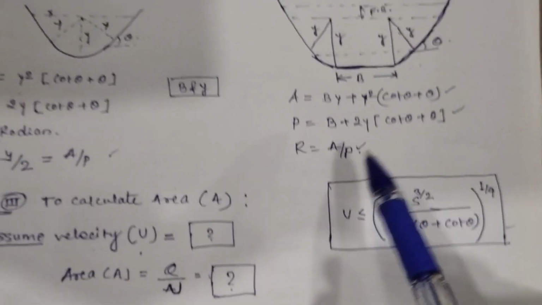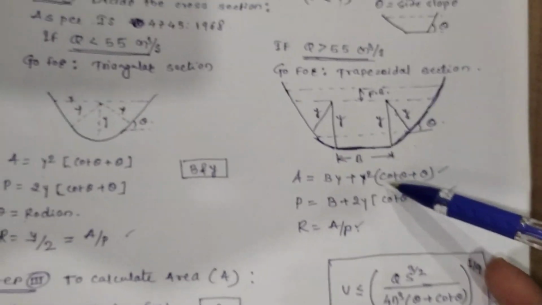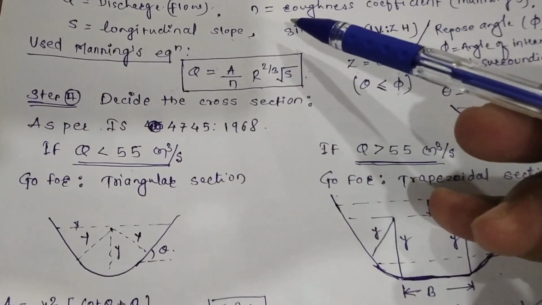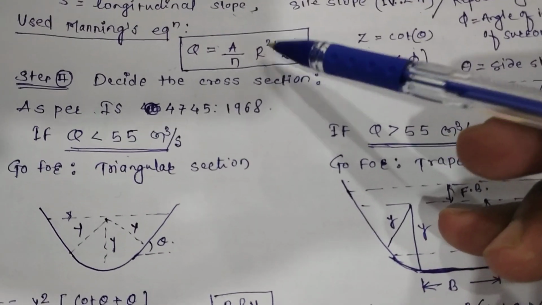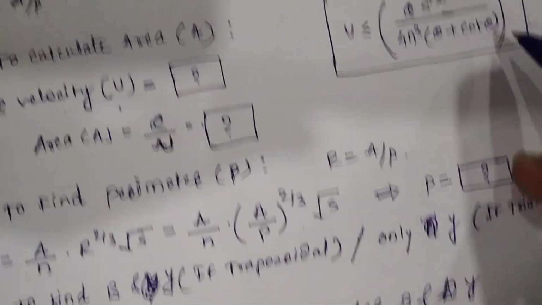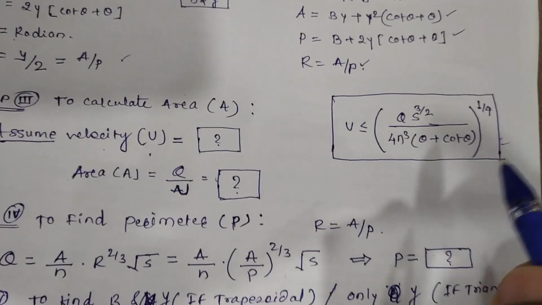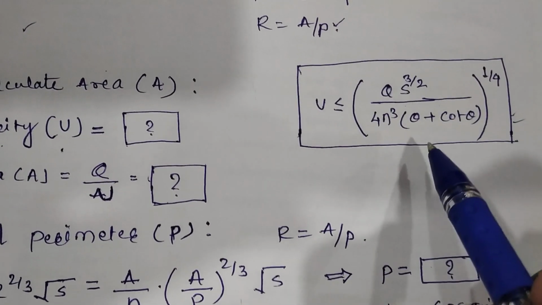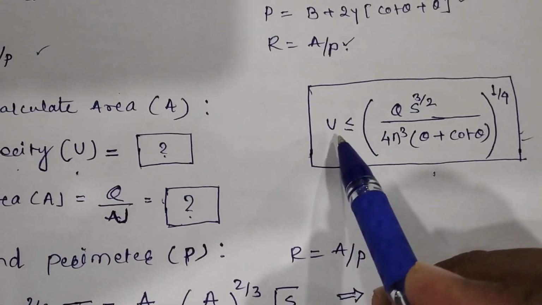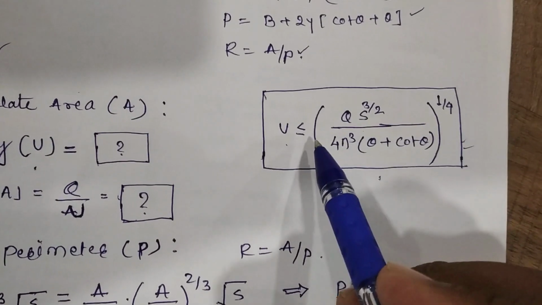If you put the area and perimeter values in the Manning's equation, then you will get a criterion that decides whether the value of B is real or imaginary. So be careful about that. For this we don't require B or Y, so we will easily get this value.